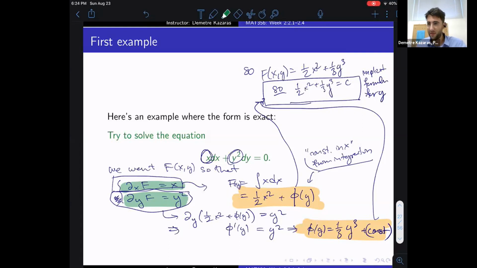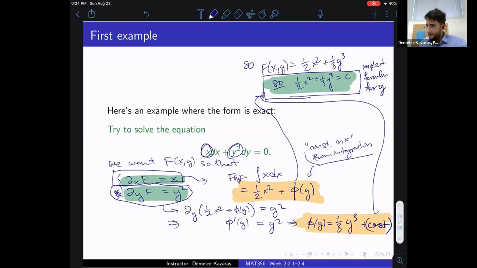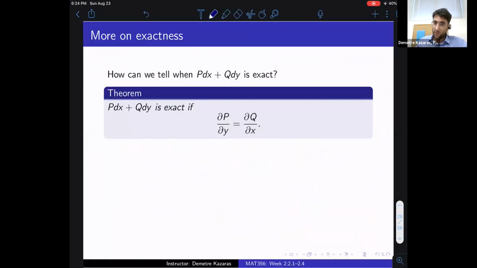That tells you a formula for f. So that thing being constant is basically the solution to the differential equation. The story ends here. Unless someone asks you specifically to solve for y, which is not always possible. Okay, so that's how this is going to work out in practice.